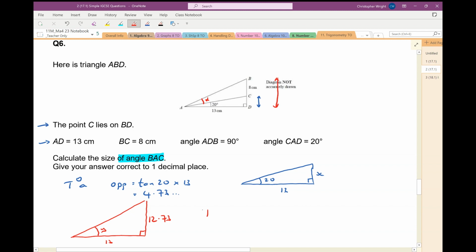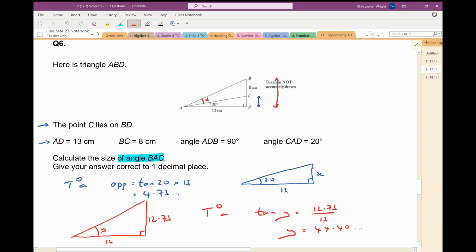I'm going to be using tan, and tan y will be the opposite divided by the adjacent. So on my calculator, I'm going to do 12.73 divided by 13 equals, and then use shift tan. And that tells me that that angle there is 44.40, and so on.